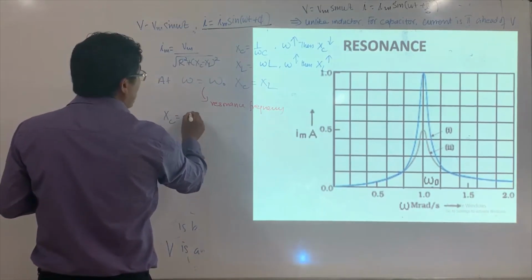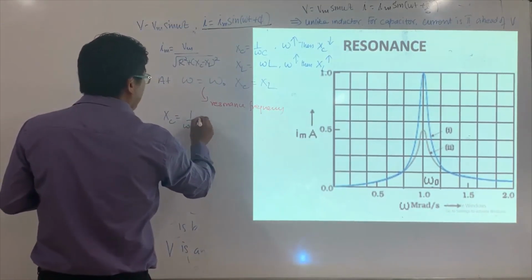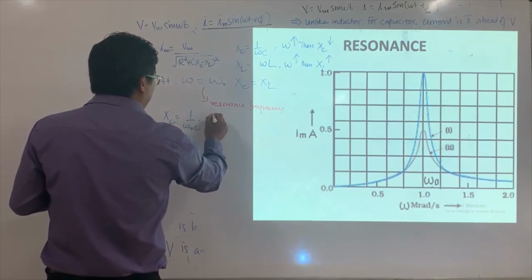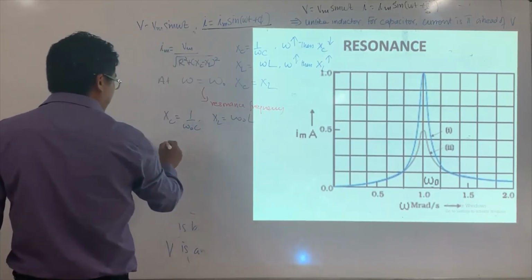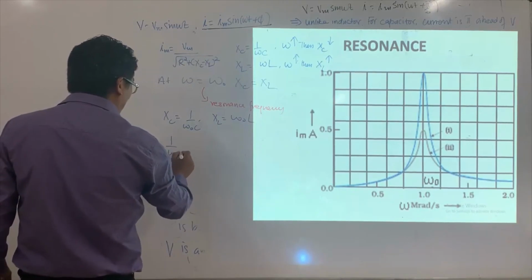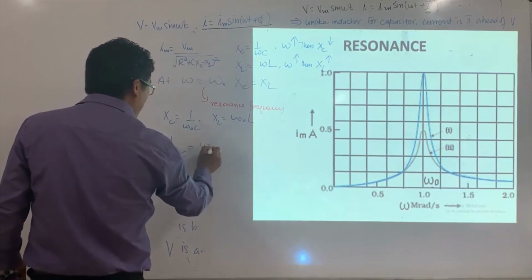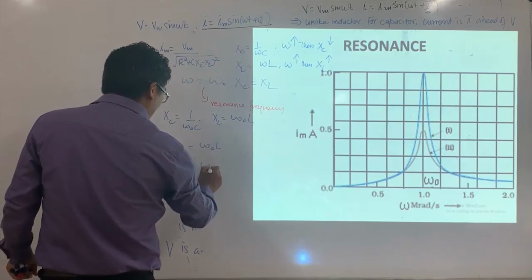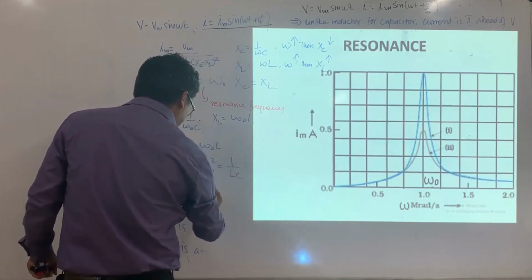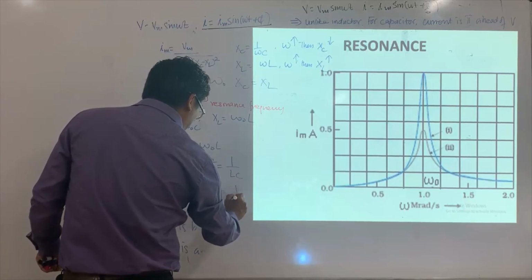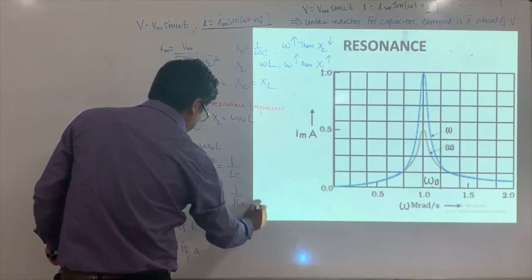Xc is equal to 1 by omega naught C, and XL is equal to omega naught L. Therefore 1 by omega naught C equals omega naught L, omega naught square is equal to 1 by LC, so omega naught is equal to 1 by root of LC.